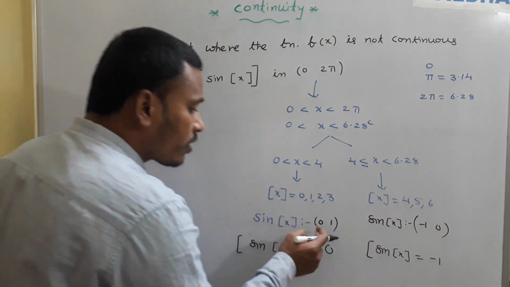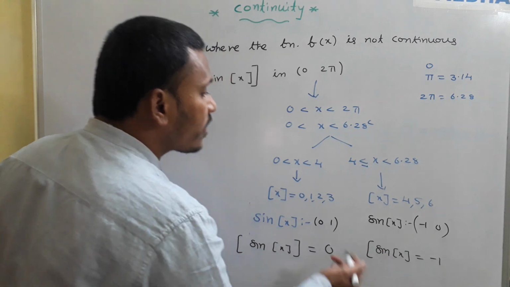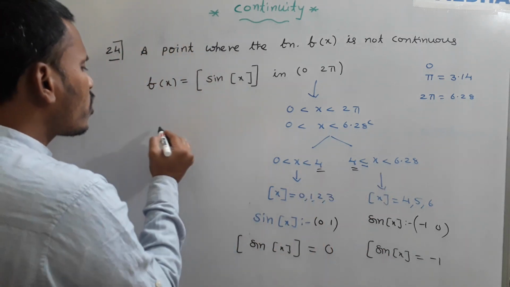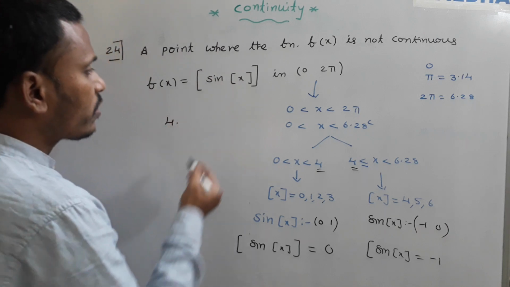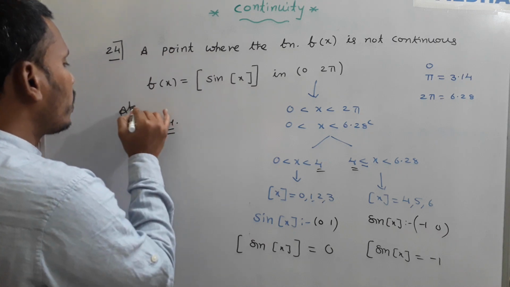Here sin[x] is between 0 and 1, its step value is 0, and this changes at the integer value 4, so at x = 4 we have a point of discontinuity. Okay, just have a look. At x = 4 we have a point of discontinuity.